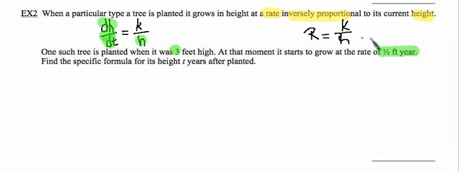So we can plug in the rate, which is 1/2, and the rate is equal to k over the height, and the height is 3. Solving for k, we find that k is equal to 1.5.